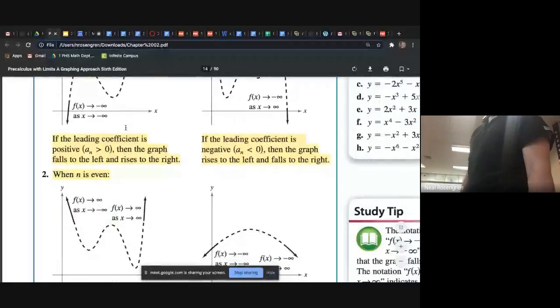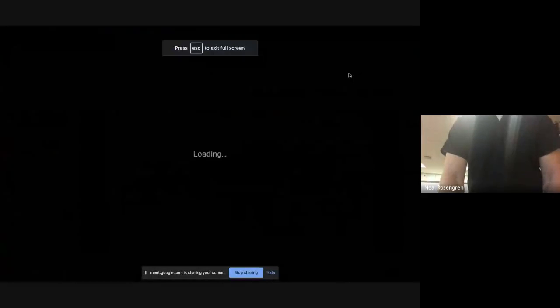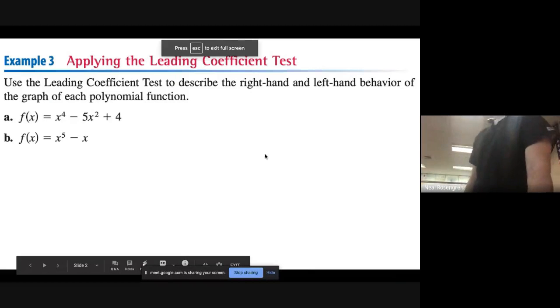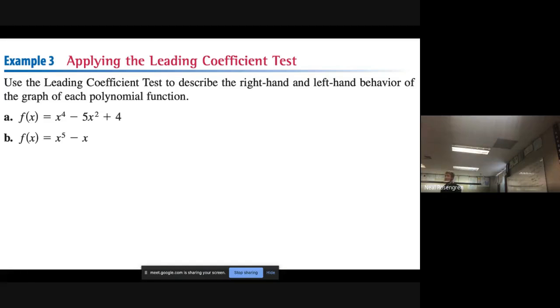So let's see what you got. Let's see what you can do. I just want to know end behavior of the following graph. Let me get back to present mode here. Okay, take a look at A and B and make a choice. Describe the right hand and left hand behavior.